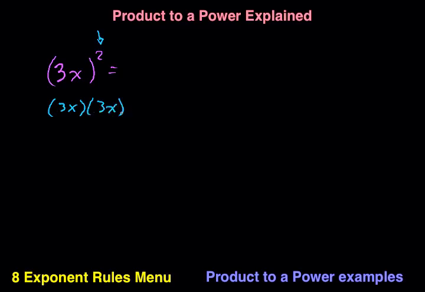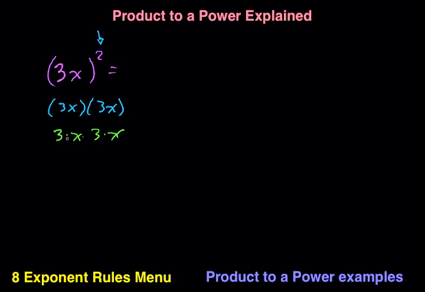Now let's first take away the parentheses because it's now all multiplication. This really is 3 times x times 3 times x. And again, I'm making this lengthy so that you can really see what is happening behind the scenes.